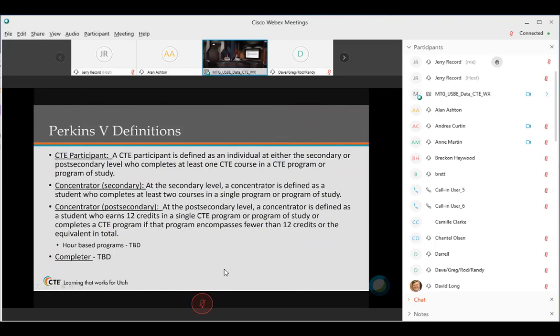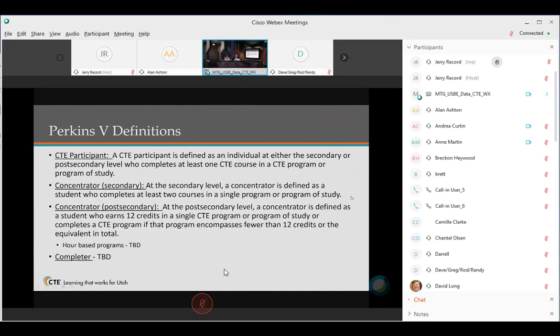So CTE participant, this is for secondary and post-secondary, is defined as an individual at either the secondary or post-secondary level who completes at least one CTE course in a CTE program or program of study. A secondary concentrator is defined as a student who completes at least 2 courses in a single program or program of study.